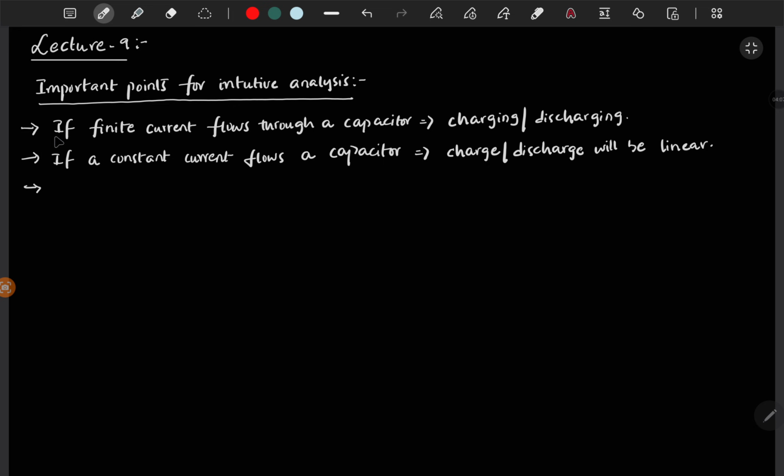And the next most important point is, if an impulse current flows through the capacitor, then there will be a sudden change of voltage.